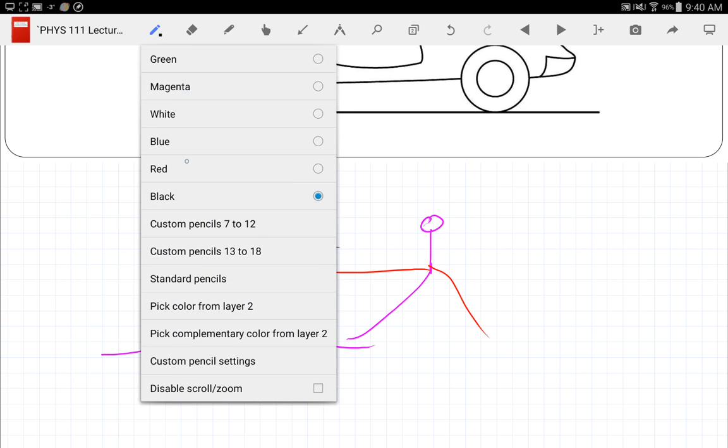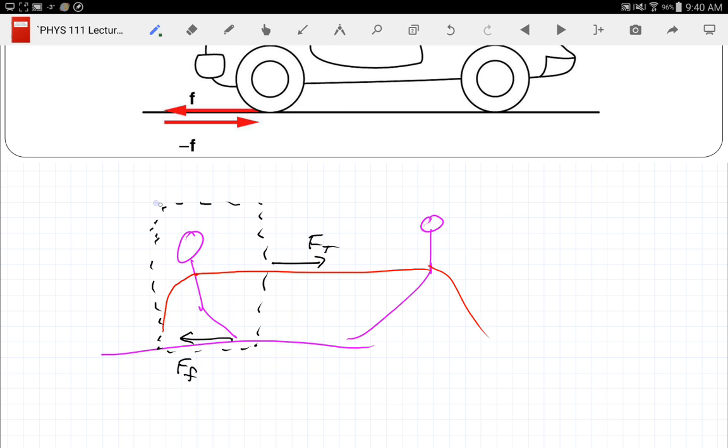I could have also said, I'm going to make my object everything inside this box. What forces do I have to add when I make it that box? Okay, I'm going to have the other force of tension and the other force of friction.